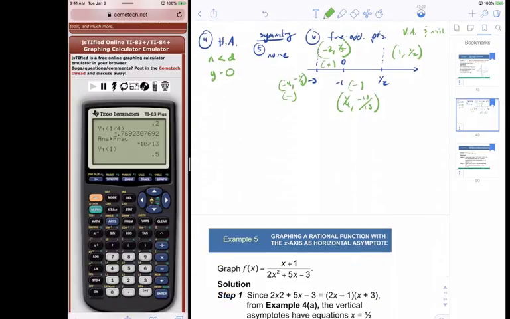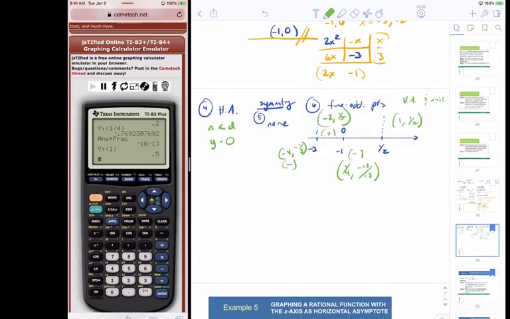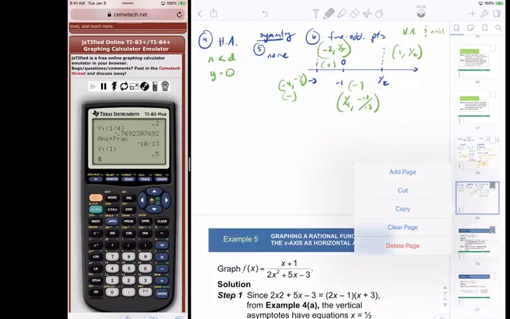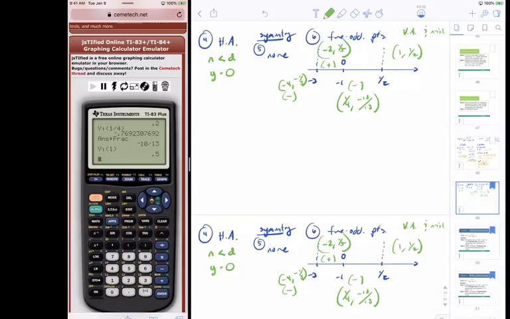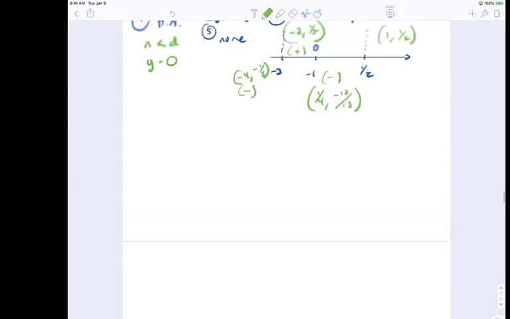So I'm just going to make one from scratch. So I'm going to go here and let's copy this, and let's paste. Let's clear the page. Okay.